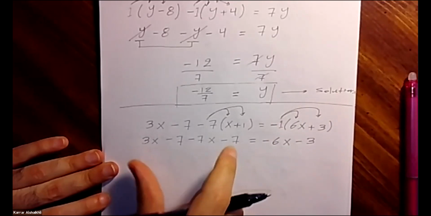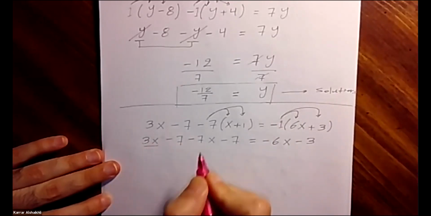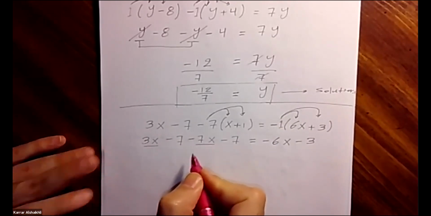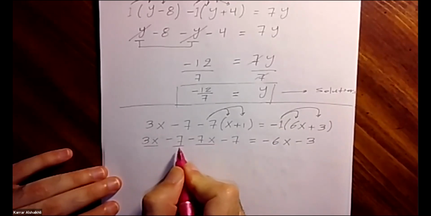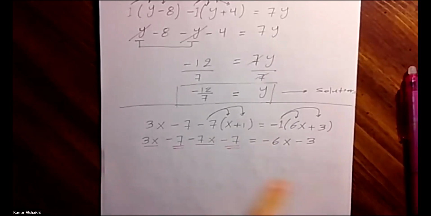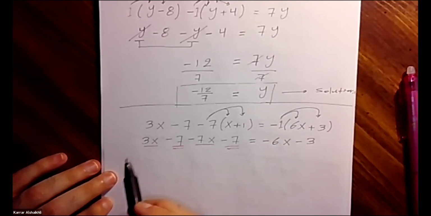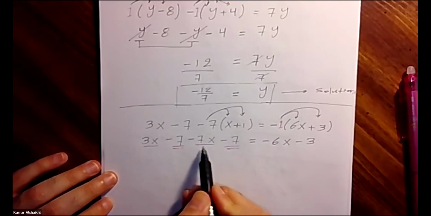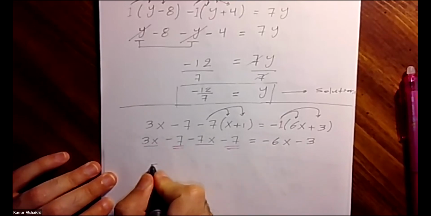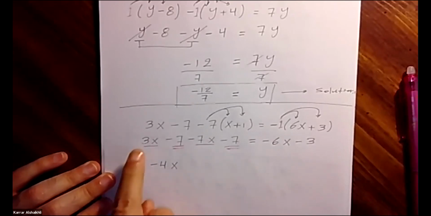On this side, do we have like terms? We have this one and this one. We have to combine these. And we're going to combine the negative 7 with the negative 7. See, I put one line because these are like terms. I'm going to combine these like terms. 3x minus 7x, negative 4x, because 3 minus 7 is negative 4.